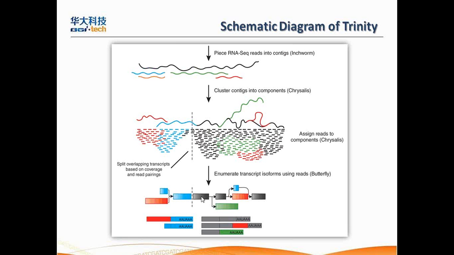So we can get this if we connect all these really longer ones, this is probably one isoform, and since here is another blue one, if we connect these two, here is another isoform, and also about this blue one. So this is how Trinity works on the de novo assembly of this transcriptome using the very short reads.